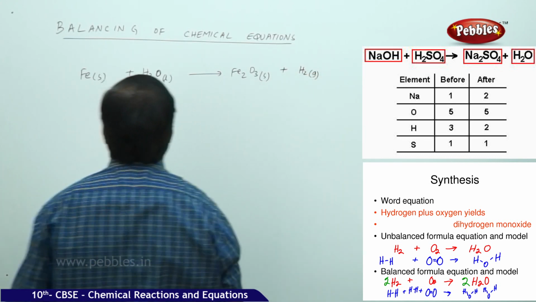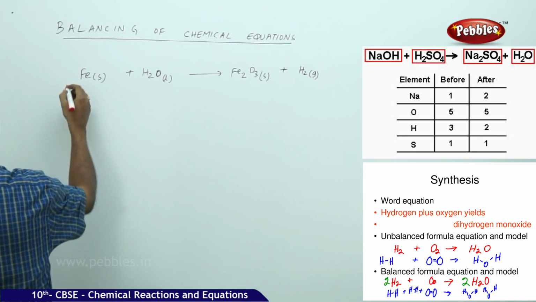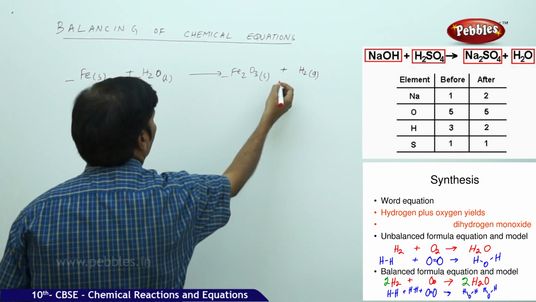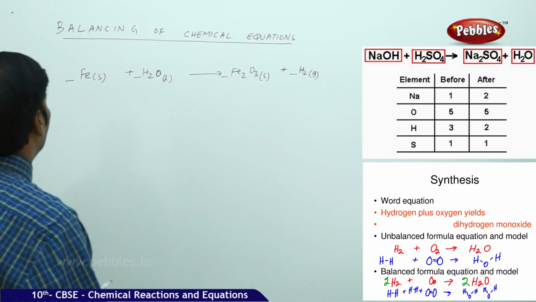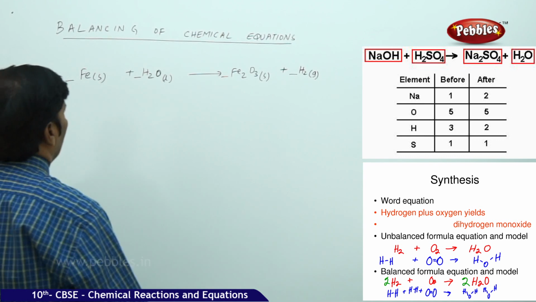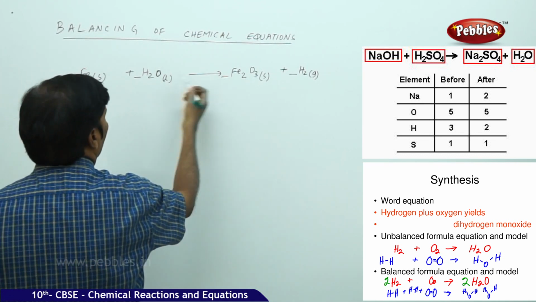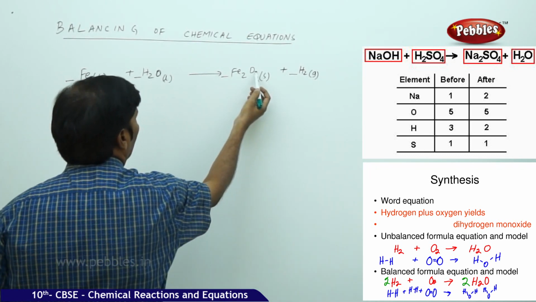How do you balance this equation? I am underlining here, here also, and here also. What we can do here is, we can see that the number of hydrogens is 2, and here the number of hydrogens is 2, and the number of oxygens is 3.